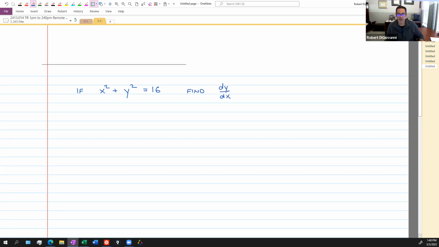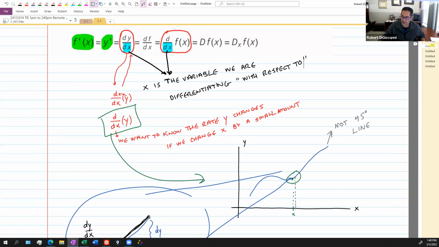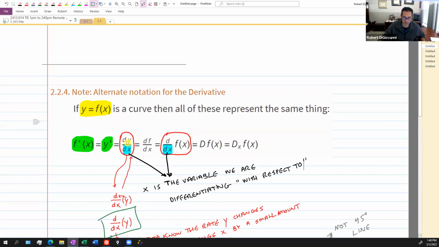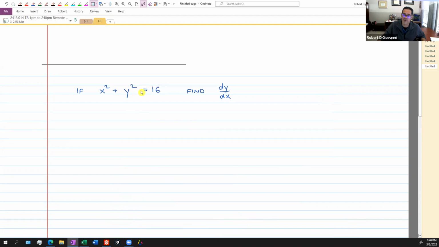In other words, remember, that's just the notation for the derivative. If y is a function of x, dy dx means just give me the derivative, give me the slope of the tangent line. Problem though, this is not a function of x, right?